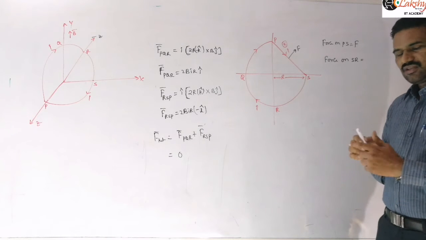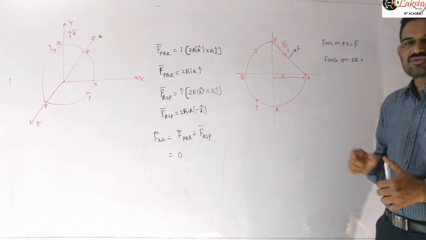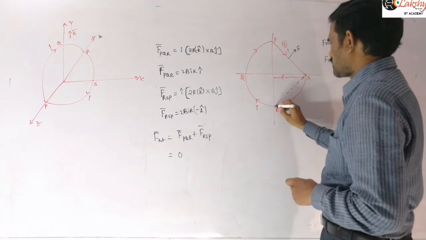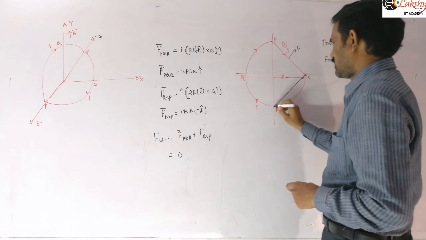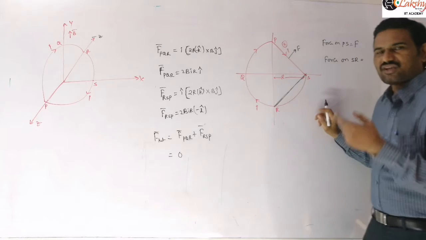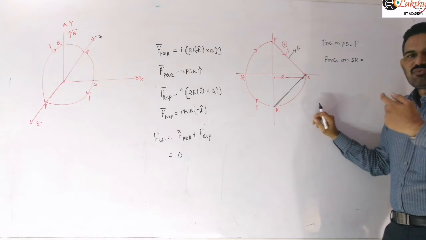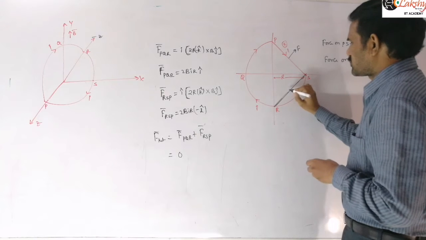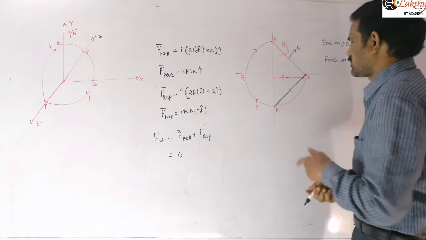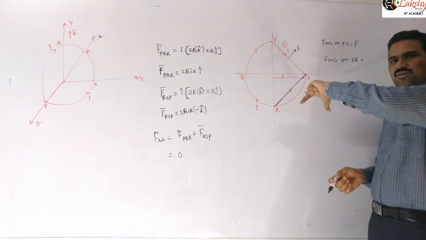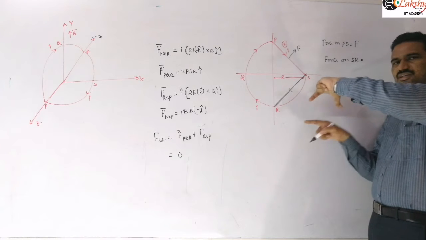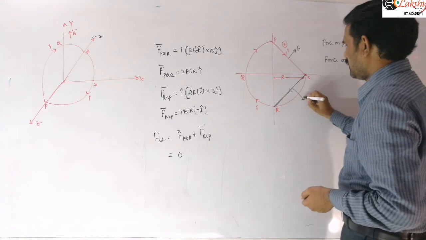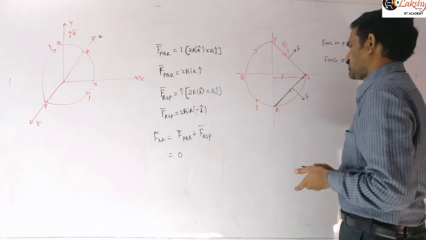To find the force on that curved part, we can replace it by a straight wire, so the current I is flowing like this. Now again you can apply Fleming's left hand rule. The field is into the plane, the current is flowing like this, so the thumb will be along this direction, and so the force is along this direction.